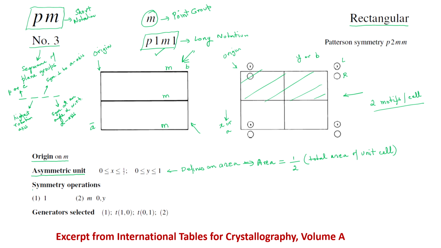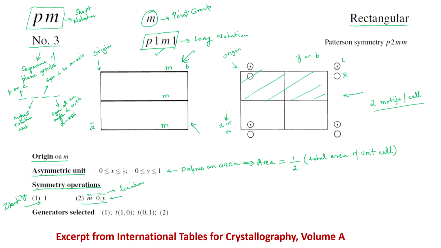Then we come to symmetry operations. What are these symmetry operations? Basically all the symmetry operations that are present. This one of course is the identity operator, which will always be present, and this one out here is the reflection symmetry or a mirror plane, and it is also telling me its location.